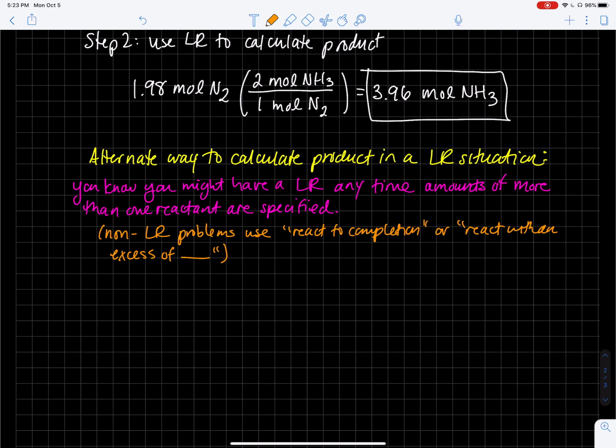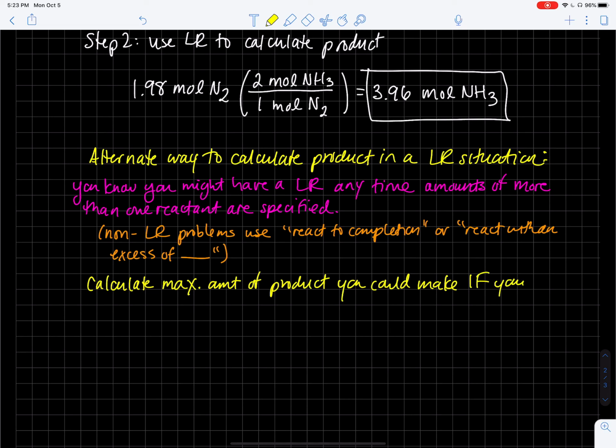An alternate way to calculate the product is to calculate the maximum amount of product you could make if you were able to react all of each reactant.